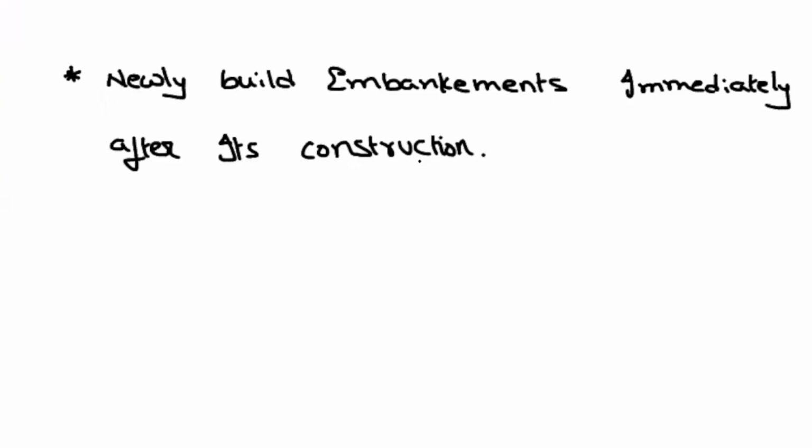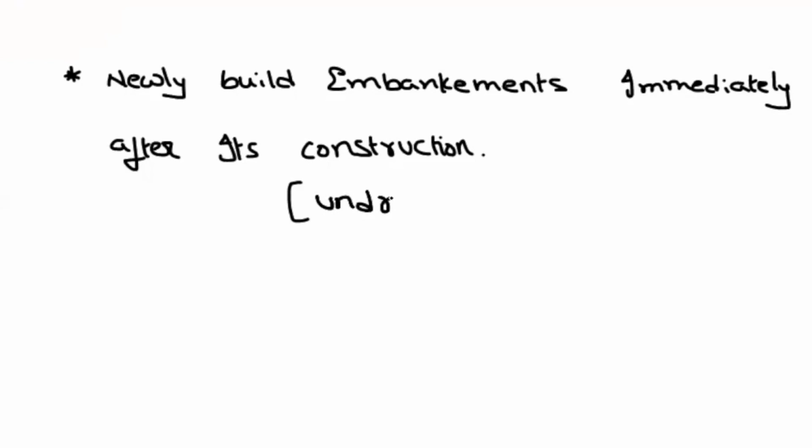If you are applying this analysis for newly built embankments, then here you have to consider the total stress parameters, or else you can consider it an undrained condition. If it is undrained, obviously you have to go for the total stress components.